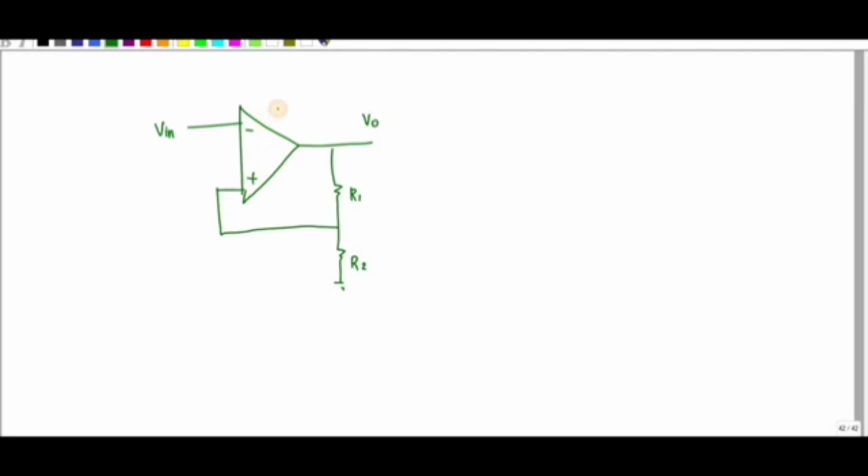Let us discuss the construction of the Schmitt trigger. Since we have employed positive feedback for the Schmitt trigger, I can draw it like this. This is your R1 and this is your R2, and this is your V0.